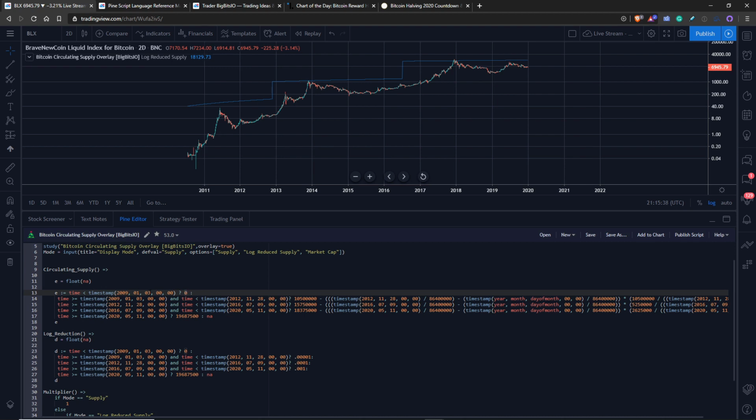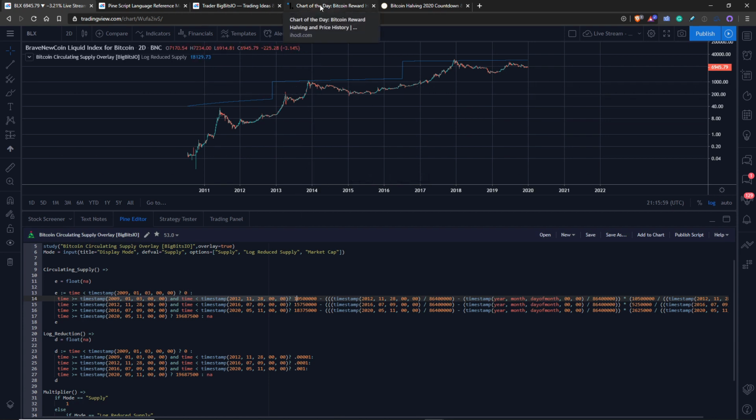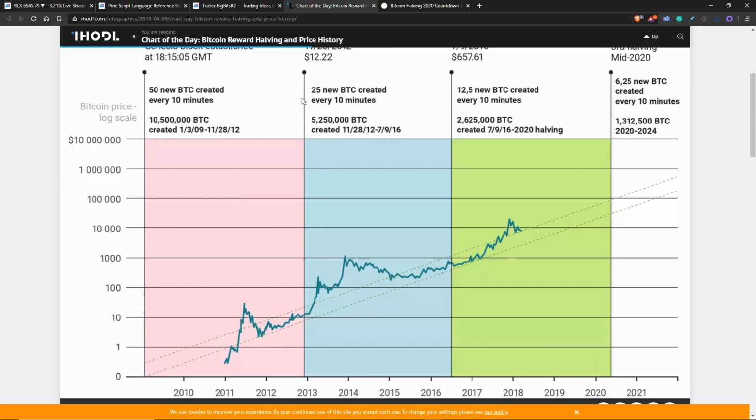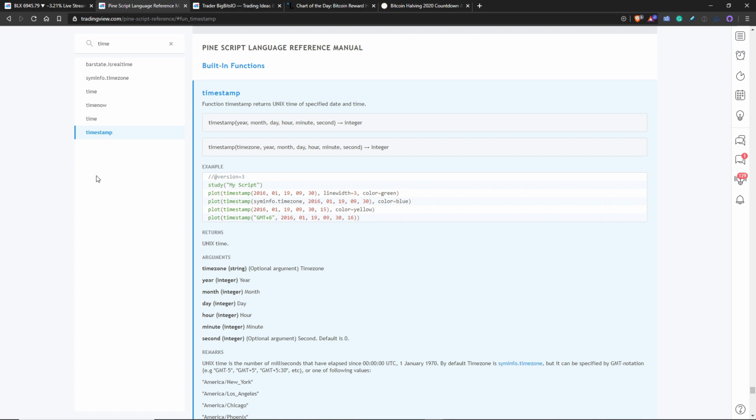Now, if that is not the current schedule, we are in the first halving period, which is a time greater than or equal to January 3rd of 2009 when it started, but also less than the very first halving date of November 28, 2012. And I got those dates from this particular picture here. And let's take a look at the reference here, the timestamps.